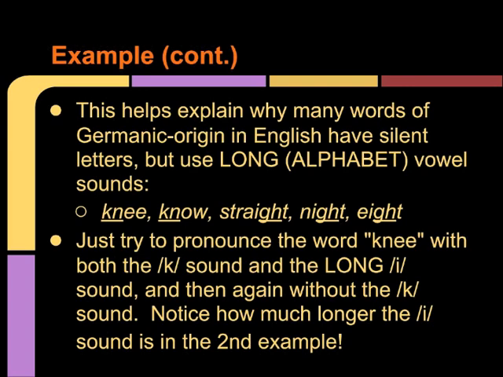Just try to pronounce the word knee with both the K sound and the long E sound, "k-nee," and then again without the K sound, "knee." Notice how much longer the E sound is in the second example. Try it again. "K-nee," "knee." It's much easier to hear the E in the second example.